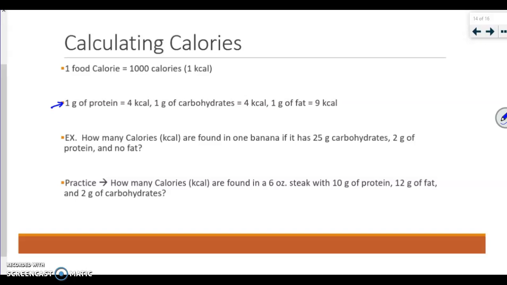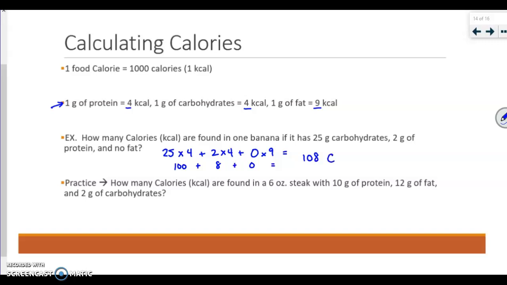So I'm going to very simply take my 25 grams of carbs times 4 from above, and I'm going to add that to my 2 grams of protein, also times 4, and I'm going to add that to 0 grams of fat times 9. Okay, so 100 plus 8. If you need to do that math in advance, that's fine, or in pieces. And overall, we get 108.